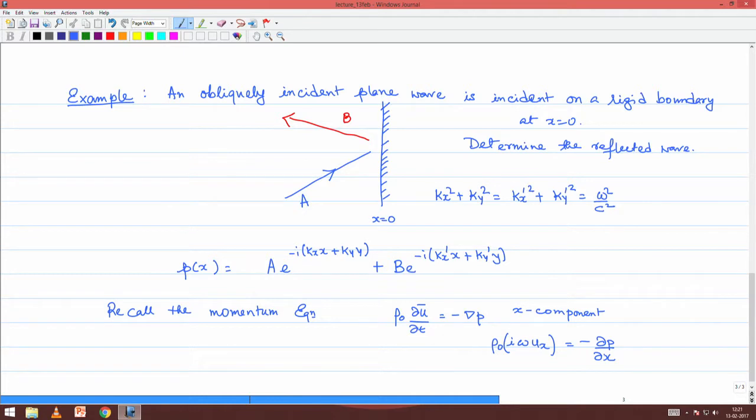Just as I told you, again I will repeat myself, whenever you take a time derivative, because you have taken the harmonic assumption, all time derivatives can be replaced by a product with i omega. Any quantity is having a harmonic time dependence, so the time derivative of any quantity is i omega multiplied by that quantity itself. So, now coming to del p del x. I think I have to go to the next page.